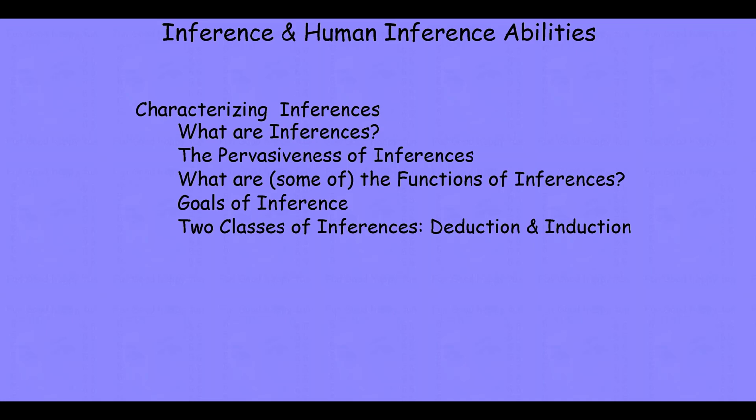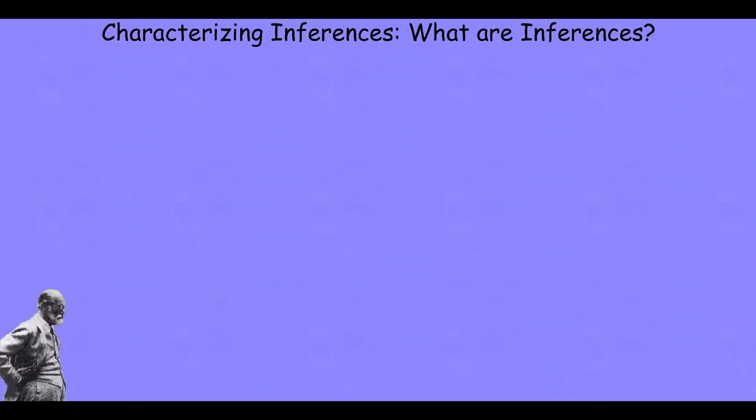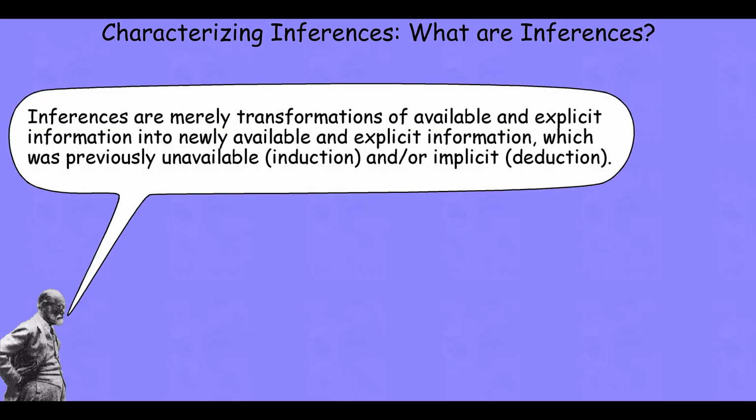Let's go ahead and ask and answer that first question. What are inferences? The characterization of inferences that is going to be operant throughout the course and throughout the textbook is the notion of inferences as psychological processes, the purpose or goal of which is to transform information.